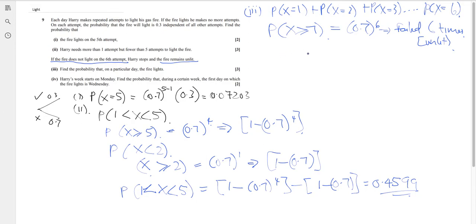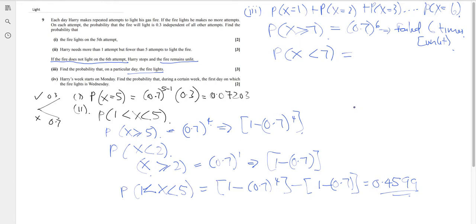So the complement of this is P(X less than 7). Why? Because he stops on any particular day the fire lights, so he could have lit it on the first attempt, or the second, or the third, or fourth, fifth, or on the sixth attempt.